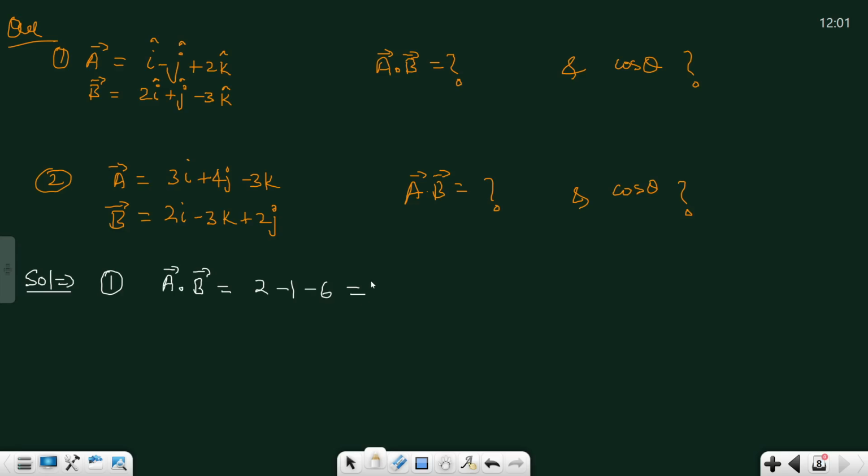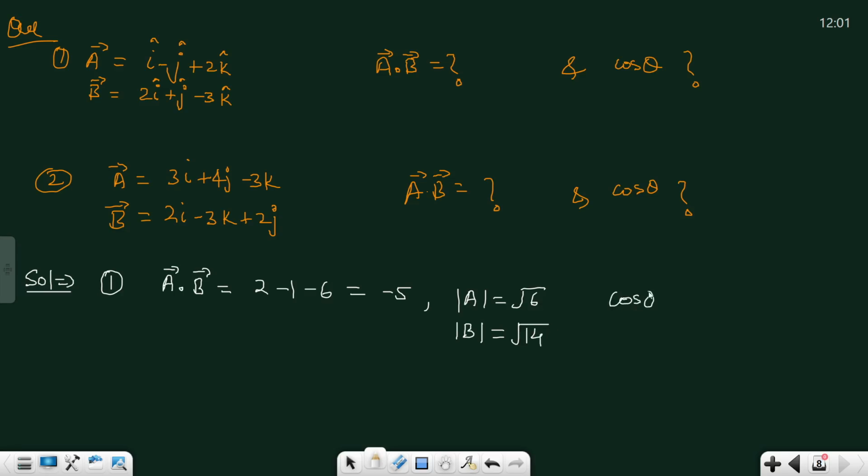Is it minus 5? Is it matching with your answer? And what about the magnitude of A and B? Magnitude of A is 1 plus 4 plus 1, that is 6, root 6, and magnitude of B is 4 plus 9 plus 1, that is 14, root 14.